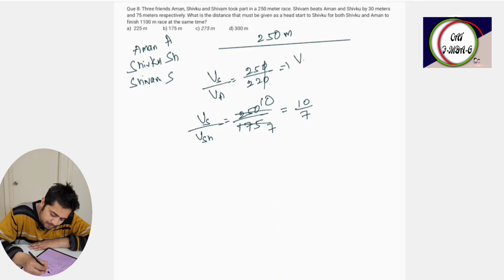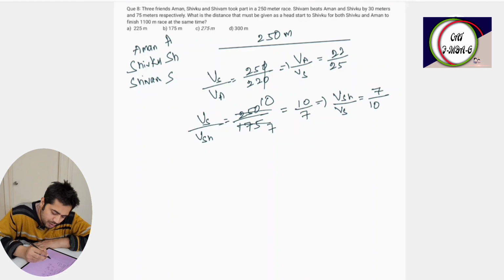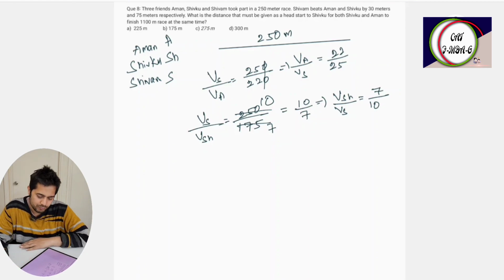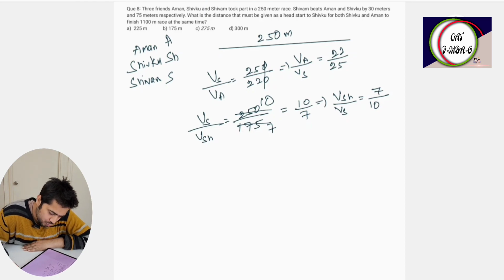That implies VA by VS is equal to 22 by 25, and VSH by VS is equal to 7 by 10. What is the distance that must be given as a head start to Shivku for both Shivku and Aman to finish a 1100-meter race at the same time?